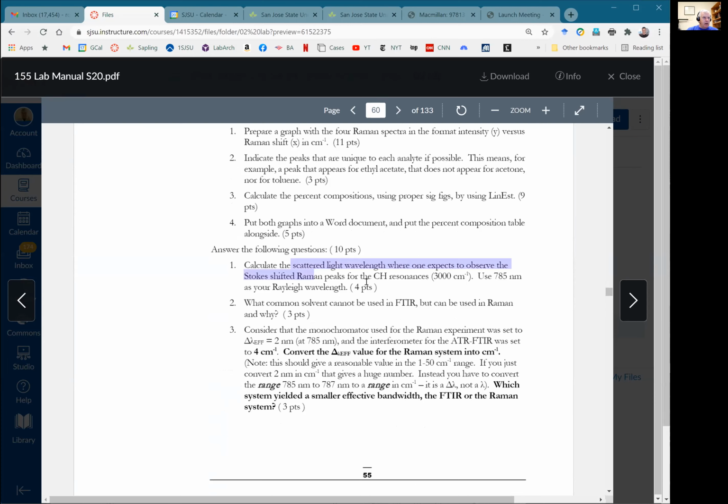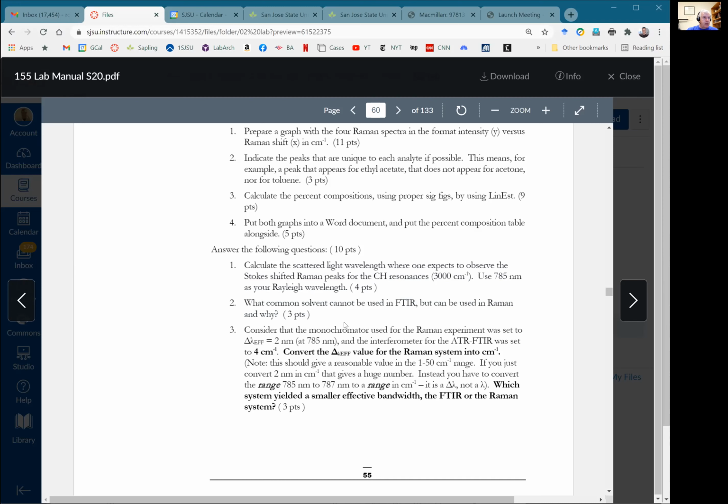Calculate the scattered light where you would see 3,000 wave numbers. What common solvent peak cannot be used in FTIR but can be used in Raman? That would be water, because in FTIR it's so strong that it overwhelms everything.